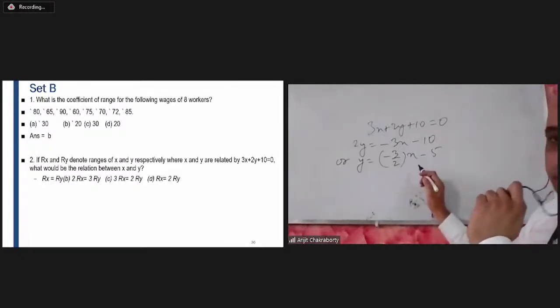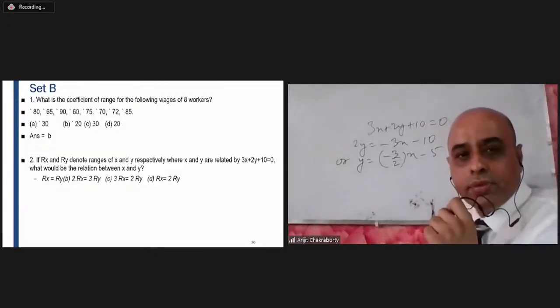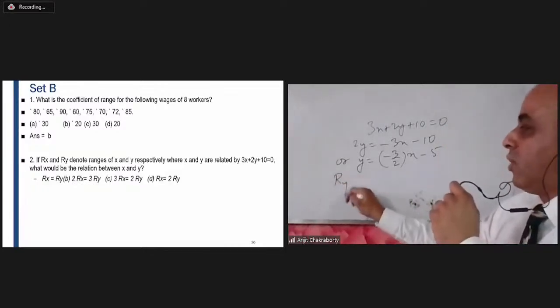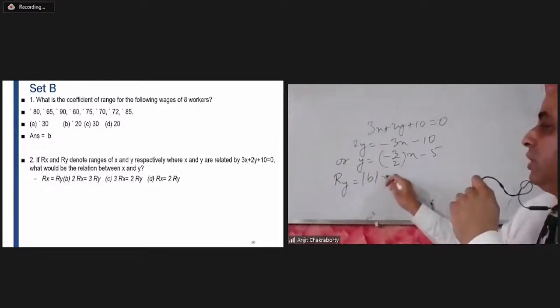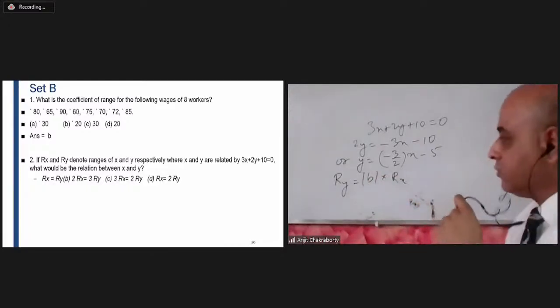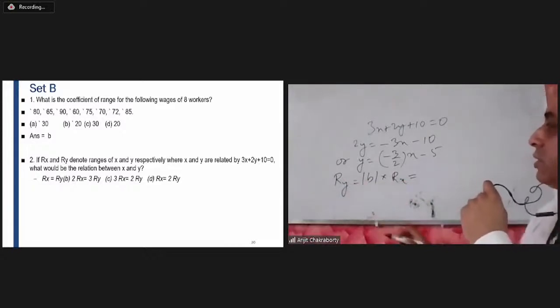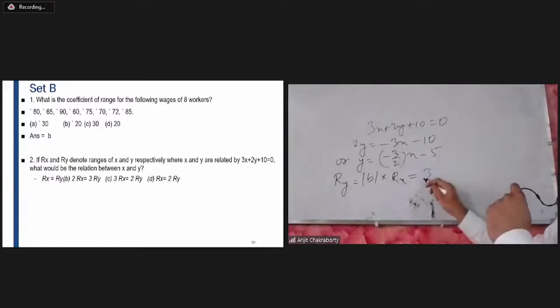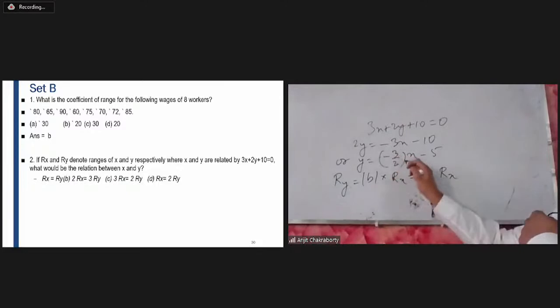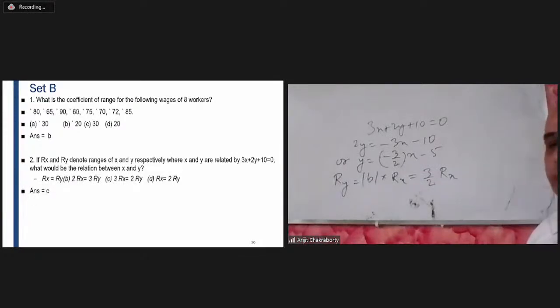So the relation between Rx and Ry: the range of y will be equal to mod b into the range of x. In other words, Ry is equal to 3 by 2 into the range of x. Please note, minus 3 by 2 is given, but we are taking the modulus, the absolute value, so it is 3 by 2. So the relation ultimately becomes Ry equal to 3Rx by 2.